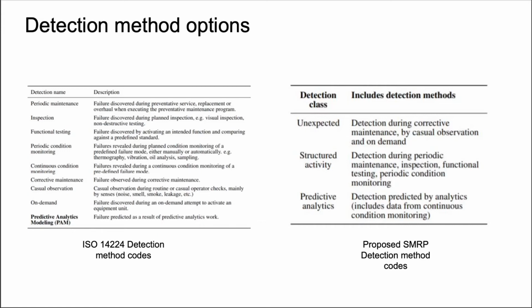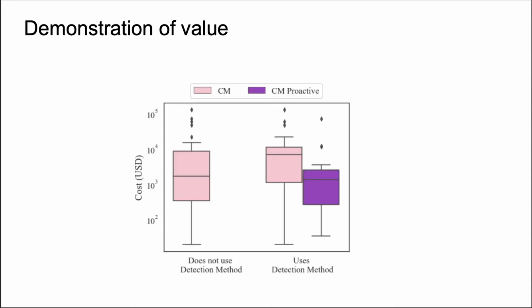However, for SMRP, we propose a simpler approach with just three classes: unexpected work, structured activity work, and from predictive analytics. In our paper, we have a number of examples to demonstrate the value of this approach. Here, we make the case that if a detection method field is populated, the impact of a PHM initiative can be tracked.